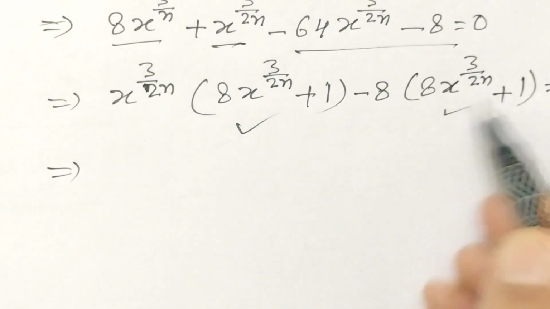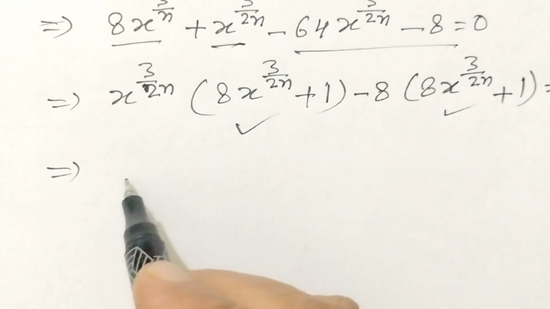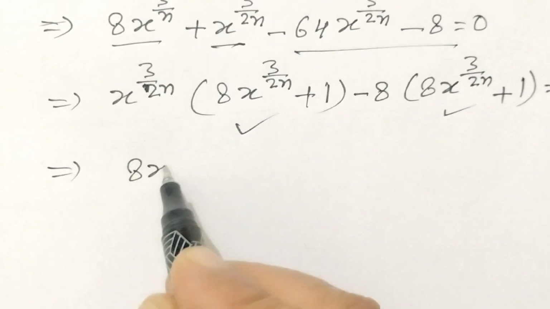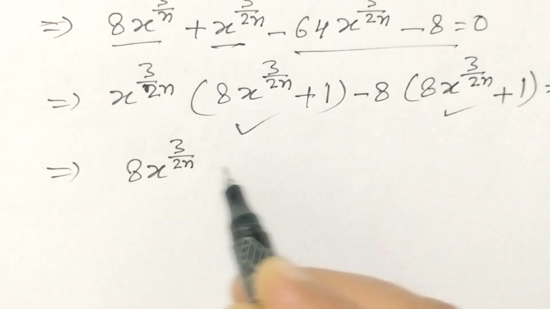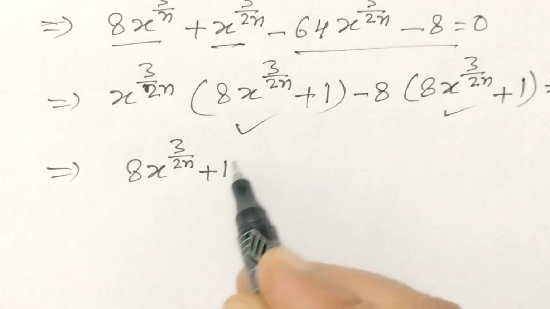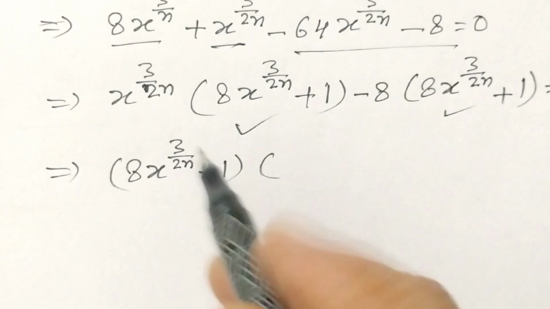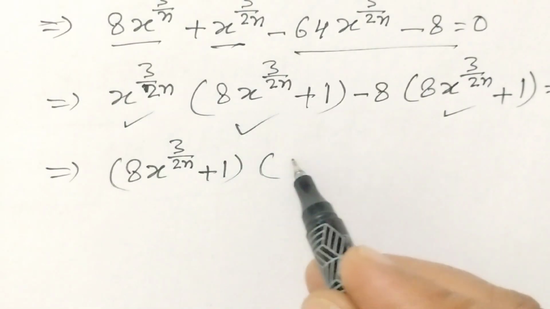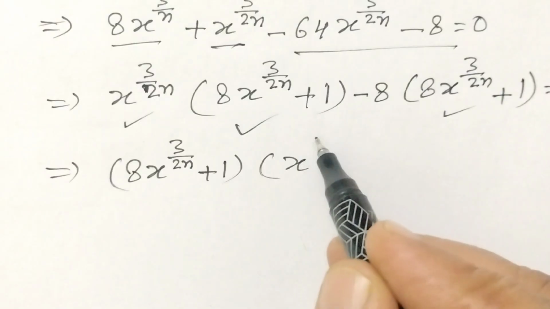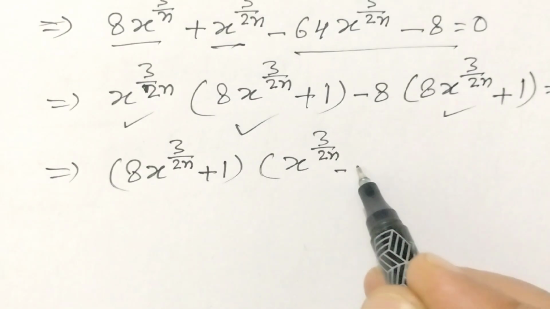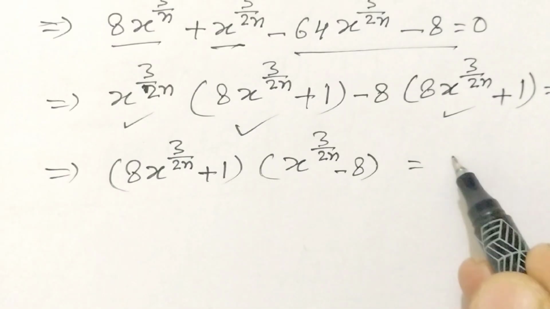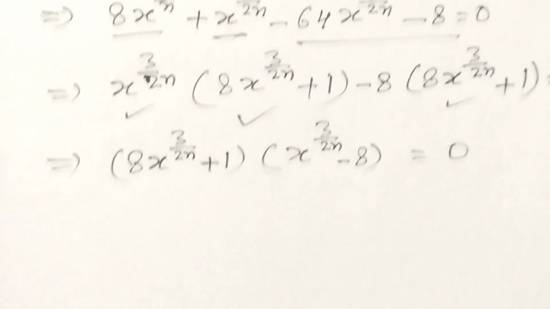Now this and this as common, so 8x^(3/2n) plus 1. So here x^(3/2n) minus 8 is equal to 0, right?